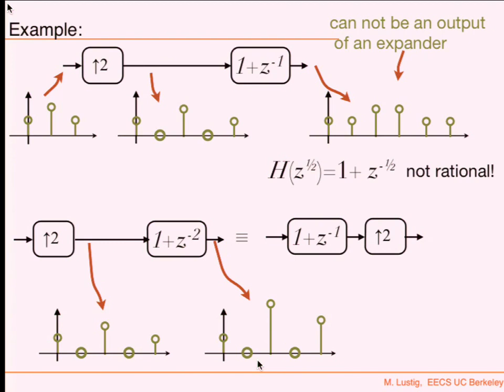Not the previous one, one before that. So the result of this will always have zeros after that. Now, this could be a result of an expander. In that case, I could flip them and effectively filter with 1 plus z^-1 and then expand. Okay?